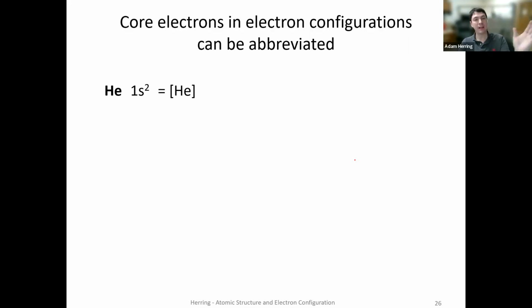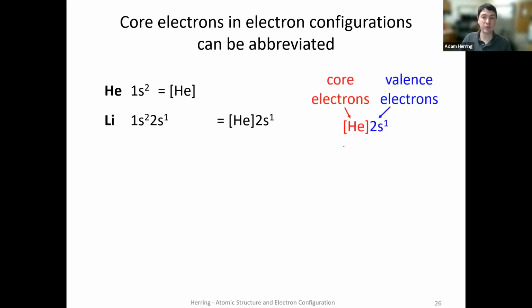And so elements that come in the next row after helium can use helium in square brackets as their core instead of having to write out 1s2. Lithium, for example, could be written as 1s2, 2s1, or it could be written as helium 2s1.